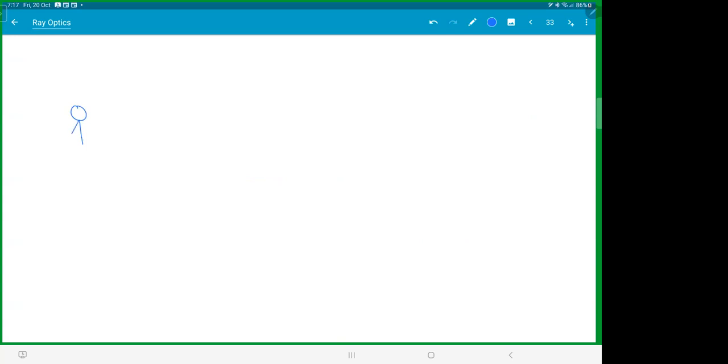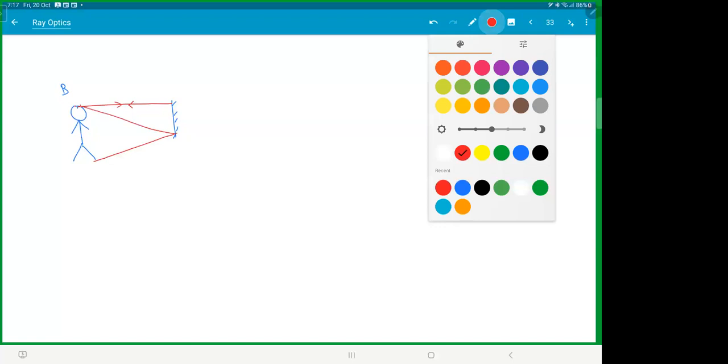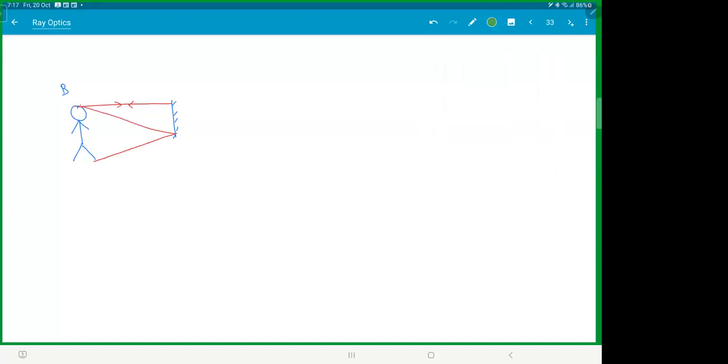First thing, if you look at B, we are assuming eyes are on top of this thing. So we need a mirror such that these light rays will go here and come back. The light rays here will hit and go here. So to see yourself, this is exactly equal.